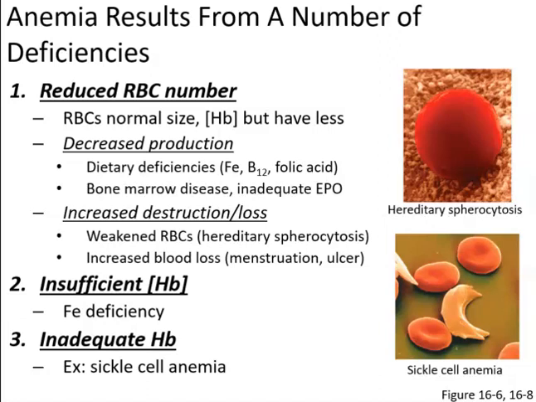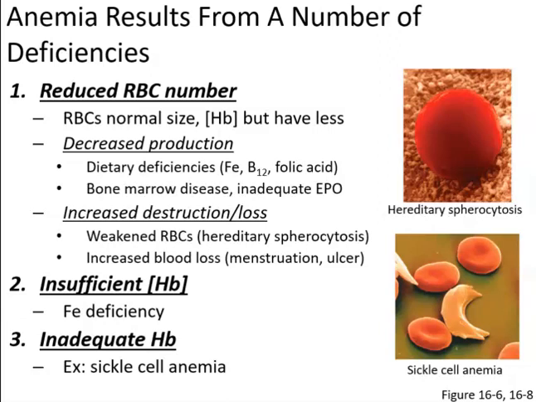This could be due to a decreased production of red blood cells, which could be due to dietary deficiencies such as iron and vitamin B12. We talked about how if we don't have intrinsic factor, we can't absorb vitamin B12, which is important for red blood cell production, as well as a deficiency of folic acid.